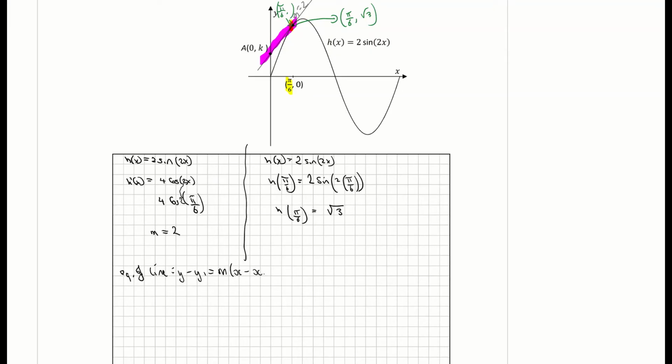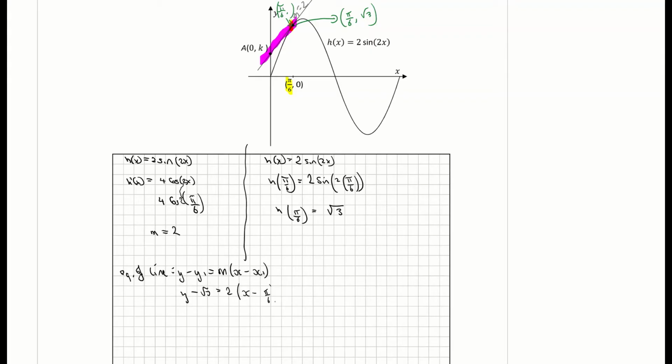Now I know a lot of information here. My 2 points I have, and my slope I also have. So subbing that in with the point that I know, the pi over 6 and the root 3, gets me y minus y1, my y1 is root 3, is equal to m, which is 2, times x minus pi over 6.